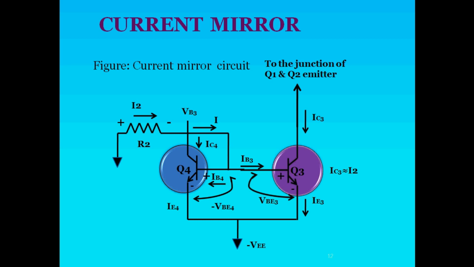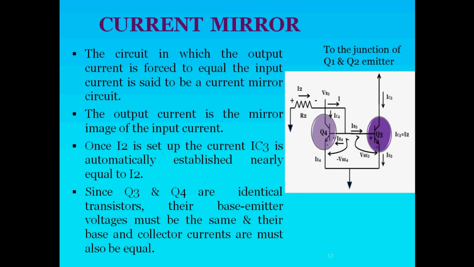As the output current is the mirror current of the input current, the circuit is called a current mirror circuit. It means that the output current is the same or equal to the input current. The current in which the output current is forced to equal the input current is said to be a mirror current, that is, the output current is the mirror image of the input current.